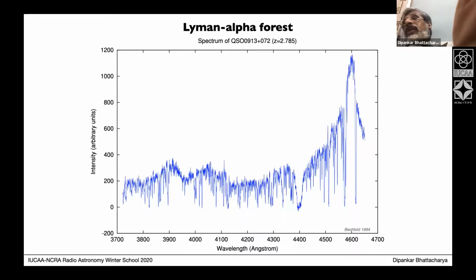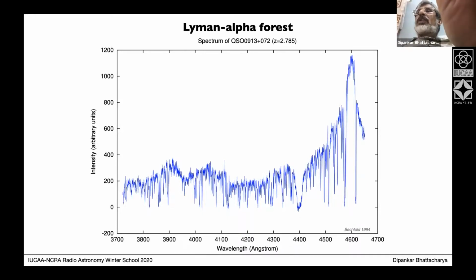In fact, clouds of hydrogen, wherever they exist, can absorb very efficiently the incoming radiation at Lyman alpha frequencies. And this is an interesting way of observing the distribution of hydrogen gas along the line of sight to a very distant object. For example, let's take a quasar.